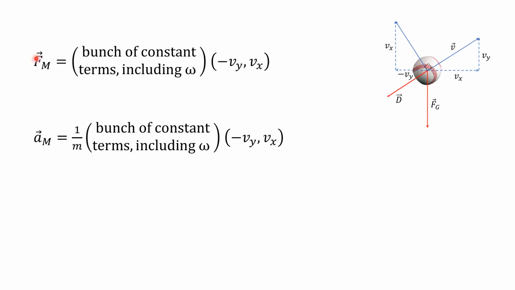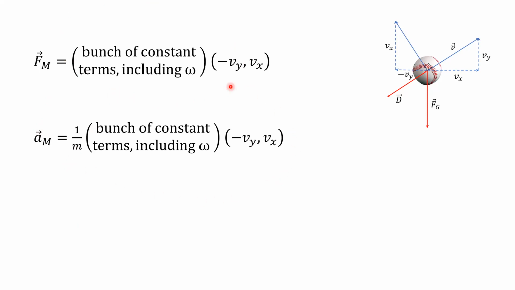Now, we know how to turn force into acceleration, because in the Excel spreadsheet, we're dealing with the acceleration. We integrate that twice numerically. How do you turn force into acceleration? Well, if F equals ma, then a equals F over m. So all we have to do is divide the Magnus force by the mass of the baseball to get the so-called Magnus acceleration.